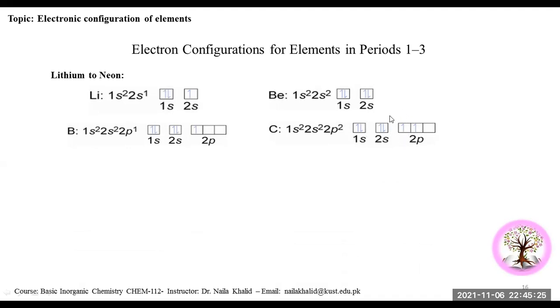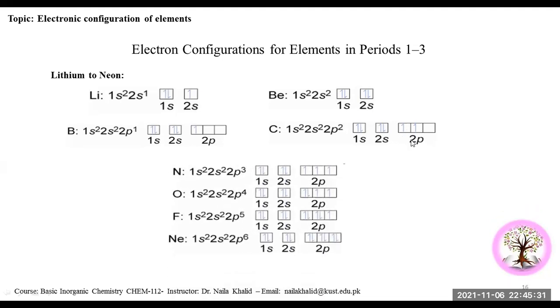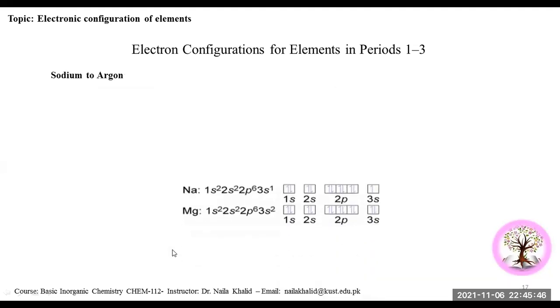So these two electrons are expressed in this way in order to follow Hund's rule. And the rest of the electronic configurations you can see over here. For nitrogen, that is 2s2, 2p3, oxygen 2s2, 2p4, fluorine 2s2, 2p5, and for neon it is 2s2, 2p6.